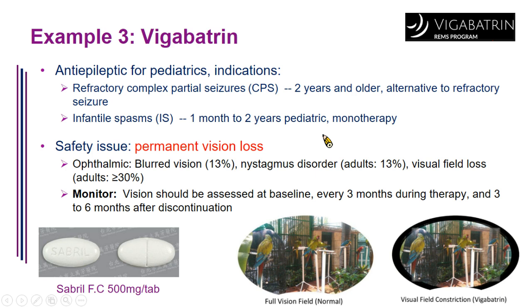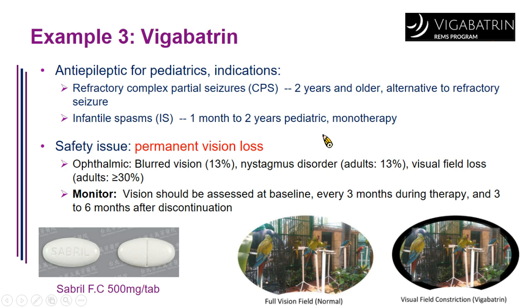By adulthood, there can be more than a 30% risk of visual field loss, or at least blurred vision. So per the FDA black box warning, it has been mandated that vision should be assessed at baseline before starting vigabatrin, and also every 3 months during therapy, and 3 to 6 months after discontinuation.